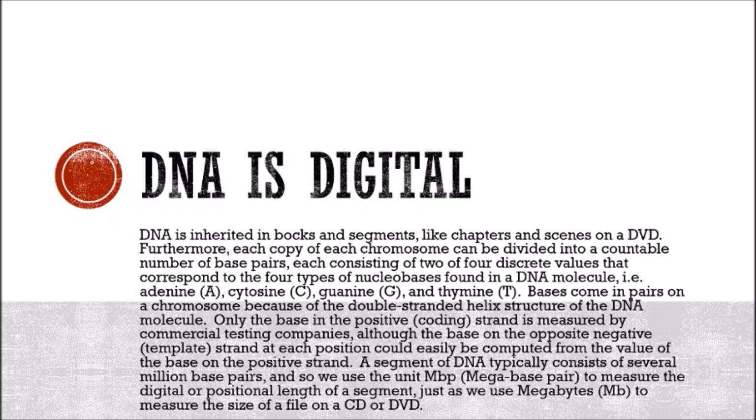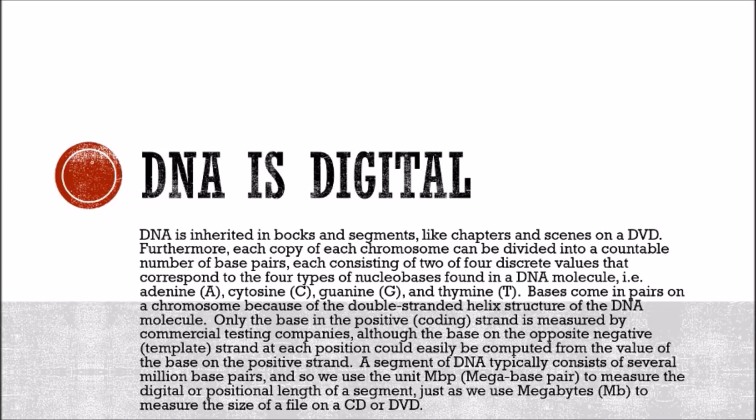So that's what you'll see in both columns of the raw DNA file. You'll see the positive strand value for the paternal and the positive strand value for the maternal. The base on the opposite negative strand for each of these could easily be computed from the value of the base in the positive strand. So there's no need to measure or report it, and the positive strand is easier to measure because it interacts easily with things that you can measure it with.